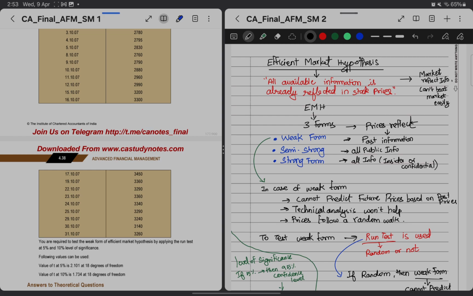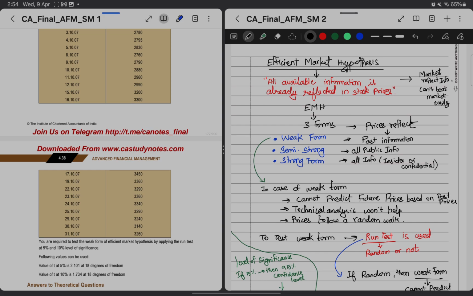When it is semi strong, the prices reflect all generally available public information. When it is strong form, all information like insider or confidential information is reflected in the price. So we cannot predict the price in that case.